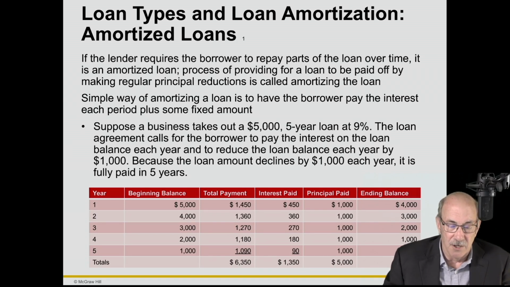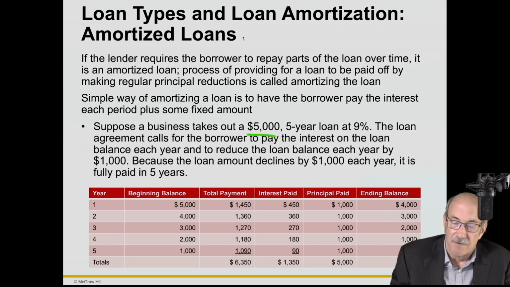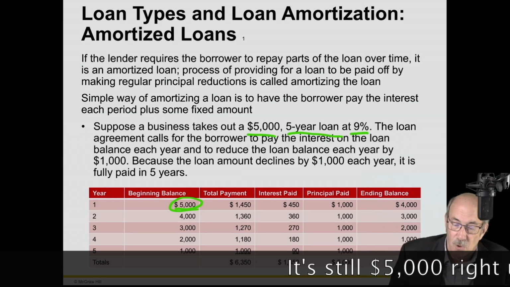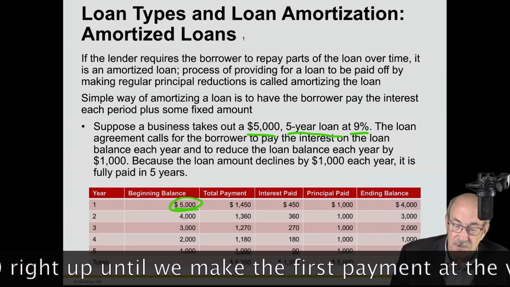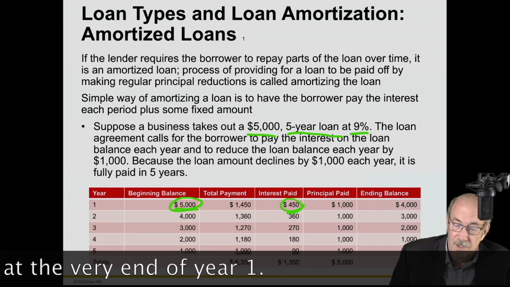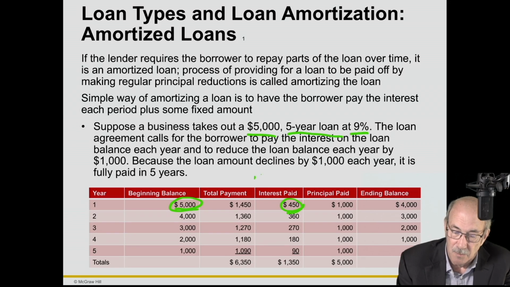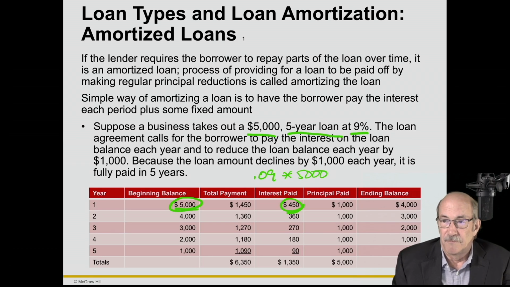So what we have here, for example, is a $5,000 loan with 5 years maturity and 9% is the rate. So what's going to happen in year one? Well, we have a $5,000 balance at the beginning, and at the end of year one, it's still $5,000. We are going to pay the amount of the interest, which is $450. That's 0.09 times the $5,000 principal of the loan.